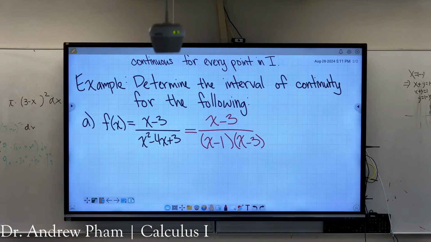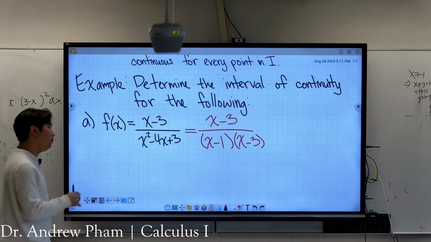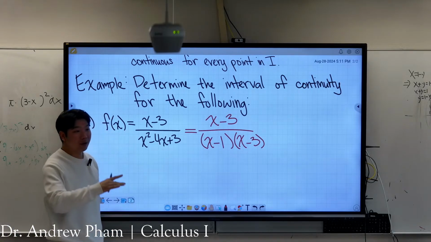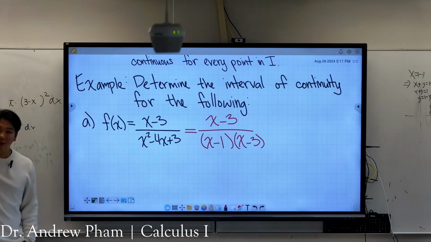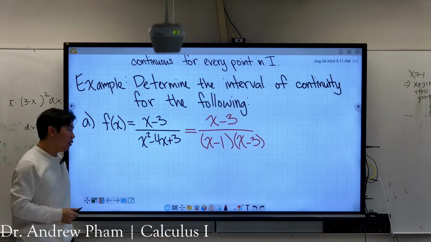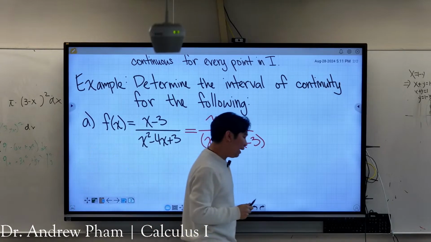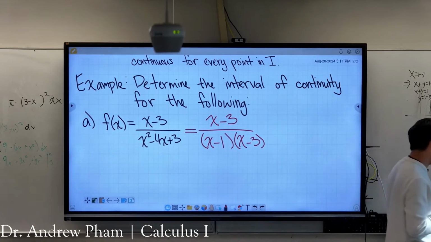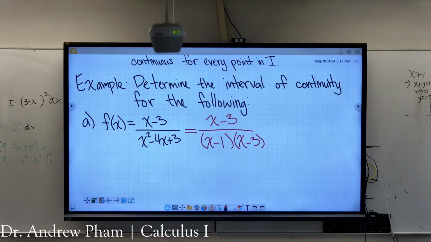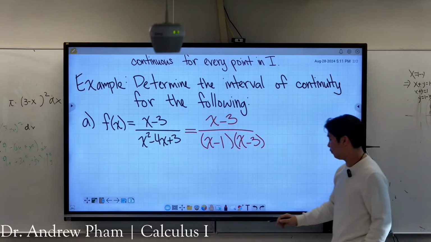Because whenever I do that cancellation, technically it gives me a different function. So really, in this case, I was not worried about the numerator, the top, at all. I was really only concerned about the denominator, the bottom. So keeping that in mind, what should I do with my denominator?